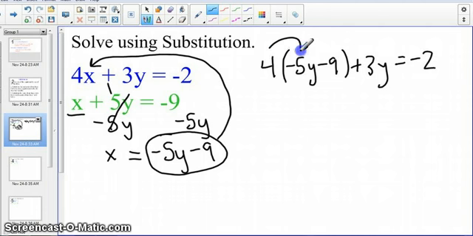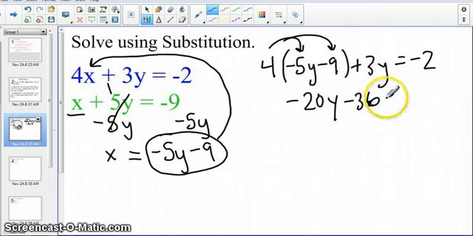The first thing I should do is distribute the 4 to everything inside the parentheses. So 4 times negative 5y is negative 20y. 4 times negative 9 is negative 36. Plus 3y equals negative 2.